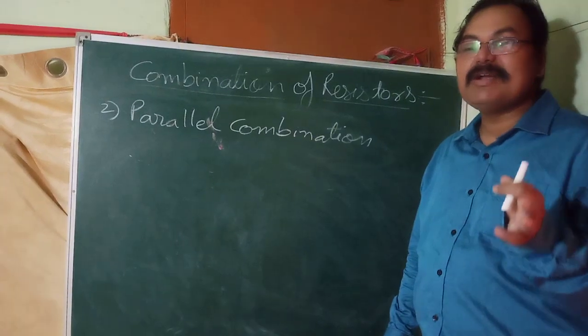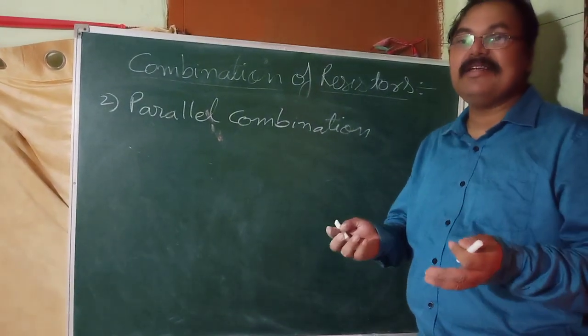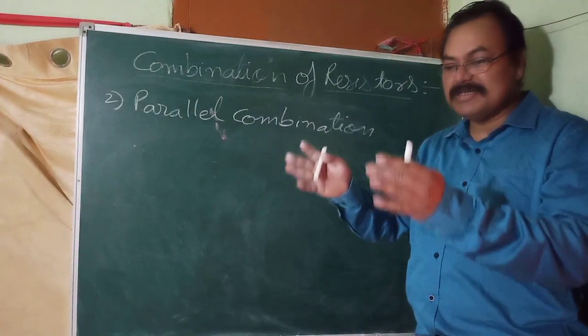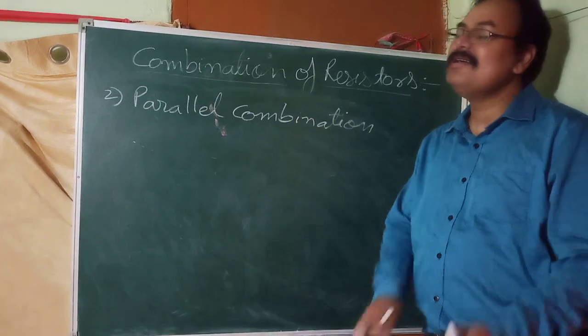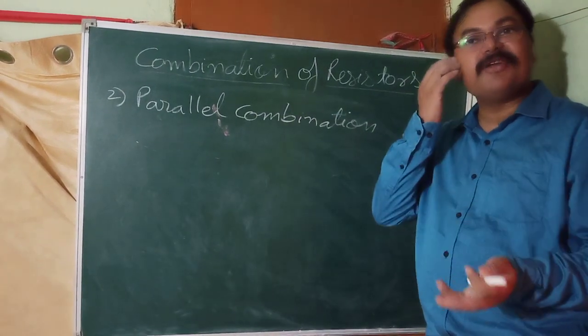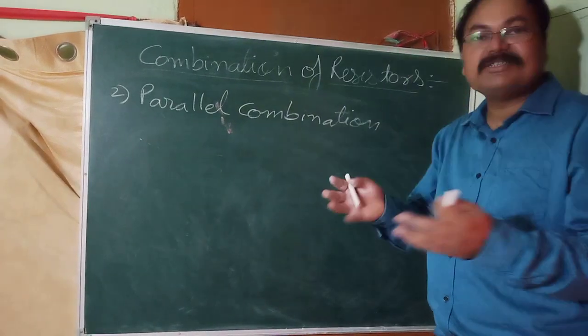Okay, so what is parallel combination? Parallel combination is that combination in which we find the potential difference across each device or each resistor is same. First thing. Second thing, the current flowing through them may be different. It may be same also. When it will be same, obviously when all are offering same resistance.